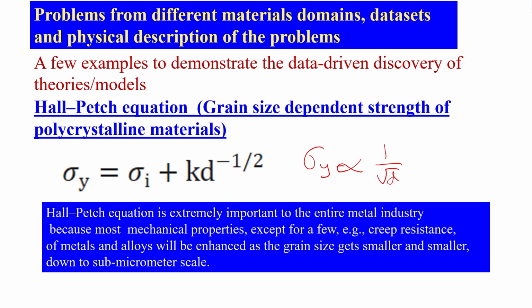So, these 3 fundamental aspects I discussed demonstrate data driven discovery of various models, correct. Obviously, Hall and Petch used a lot of experimental data to get this equation, but it can also be derived fundamentally. There is physics behind this equation; you can go back and read books to understand that.